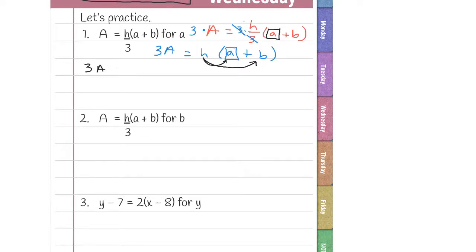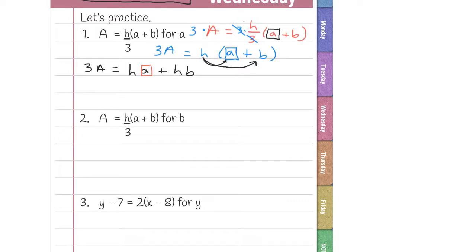So I have 3a is equal to, what's h times a? Well, you just put those together because you're multiplying those, so that's HA. And what is H times positive B? Well, that is a positive HB. Let's put a box around our A. And now I want to move everything that is on this side, including this H, to this side, right? I want to get this A by itself.